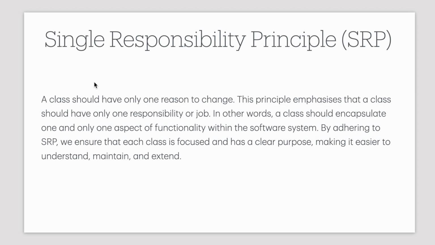So for that we can create another class, called EmailLogging. EmailLogging is responsible for logging the email information into the database. We have created two separate classes, EmailService and EmailLogging, and they both follow the Single Responsibility Principle.